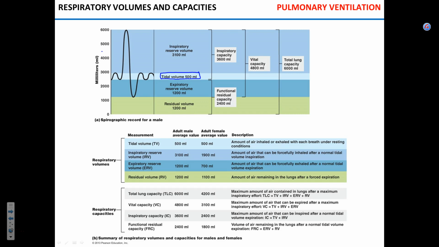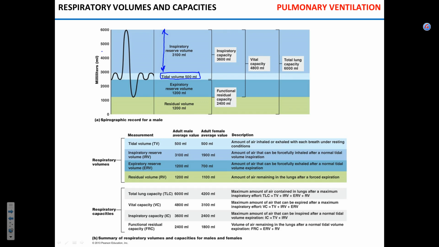Now, my question for you: if I ask you, can you inhale more than your tidal volume? What is your answer? Yes. That extra amount of air that you can get in your lungs on top of tidal inhalation is called inspiratory reserve volume.